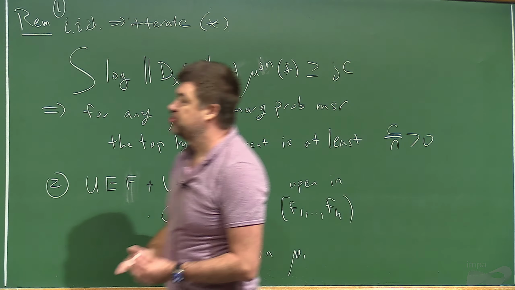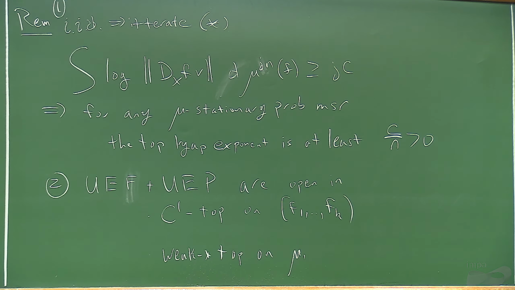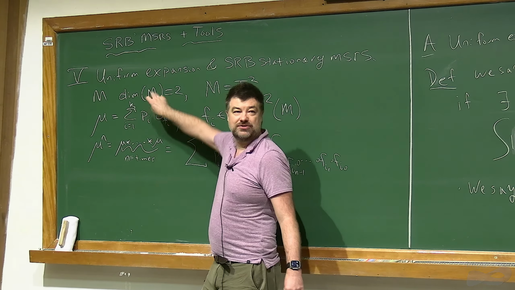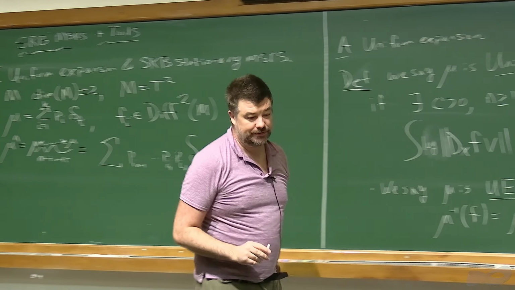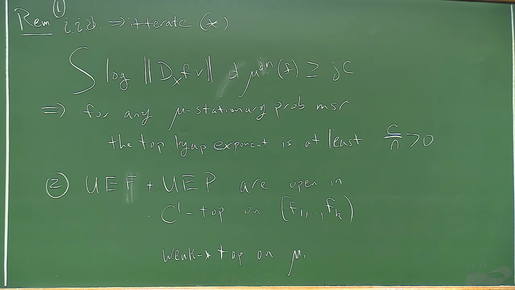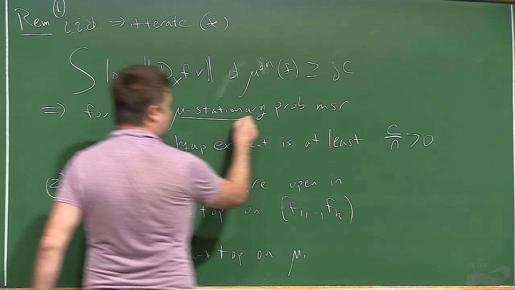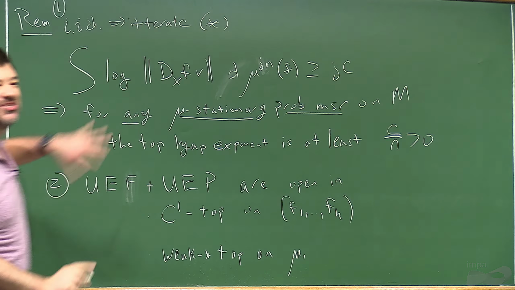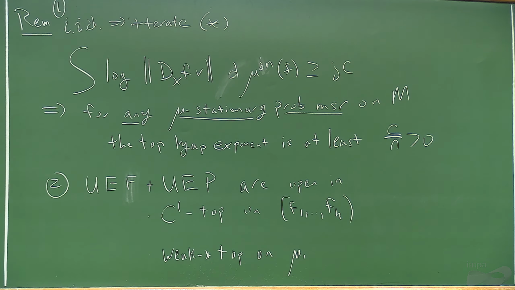So you can shift the weights a little bit if you want, or you can even take this and make it not a discrete measure, but actually widen these up into clouds, and you still have this property. So the top Lyapunov exponent with respect to any stationary measure on M, and I haven't told you what top Lyapunov exponents are because I'm not sure we need them, this is giving you some sort of uniform hyperbolicity over all the possible stationary measures.